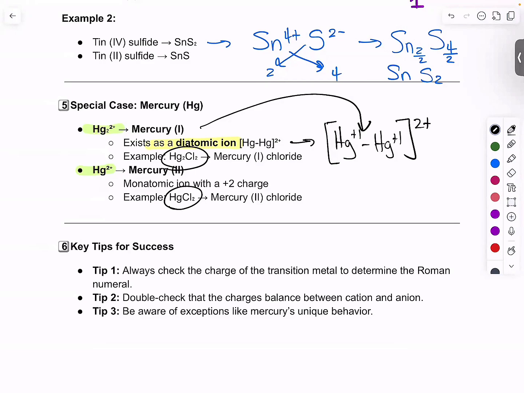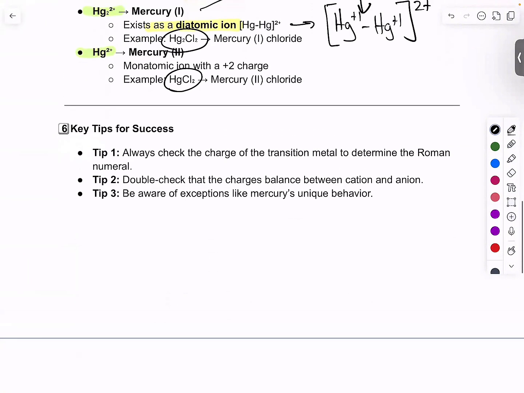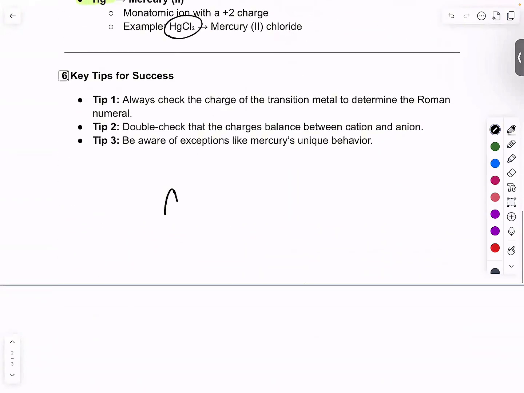All right, so you always check the charge of the transition metal to determine the Roman numeral. So yeah, when you're going backwards, we'll do a couple of examples here. So say like we're doing cobalt chloride, right?